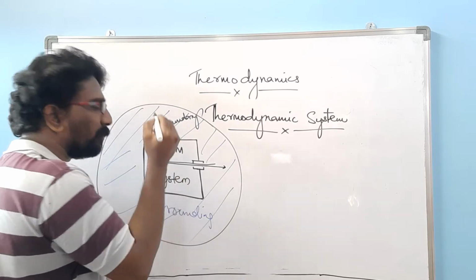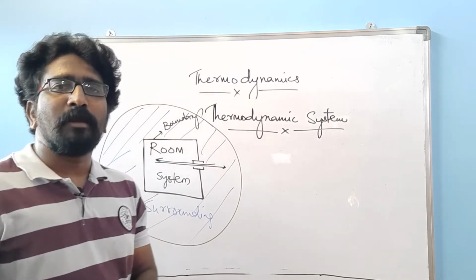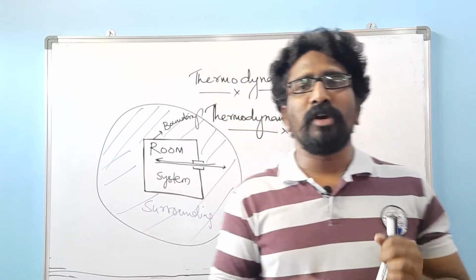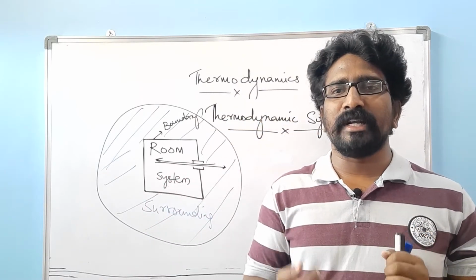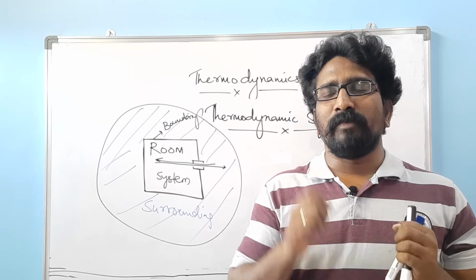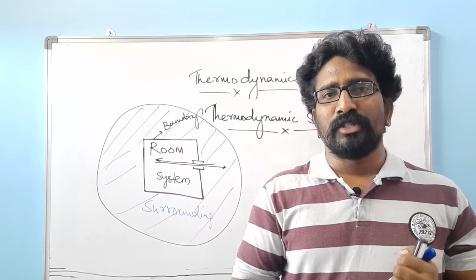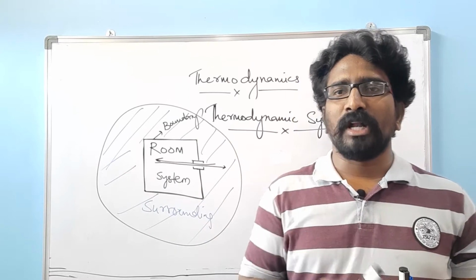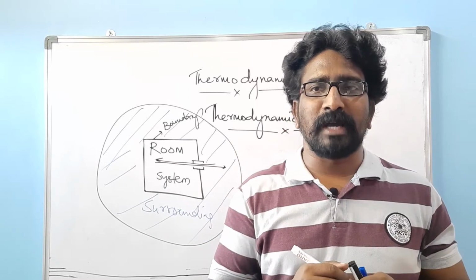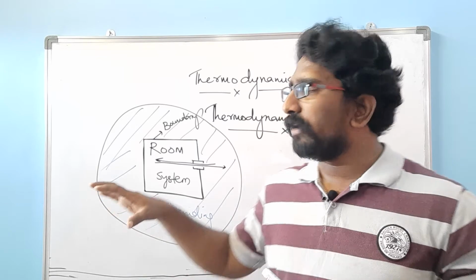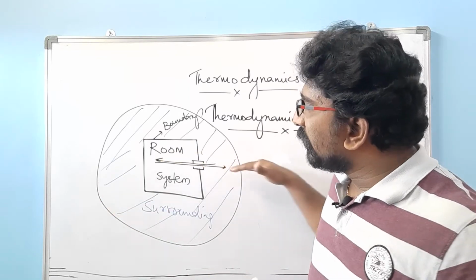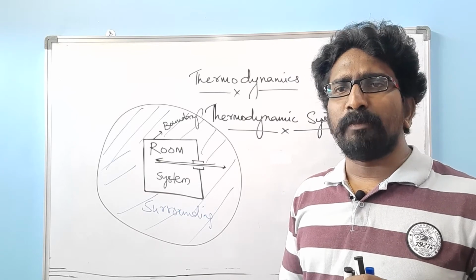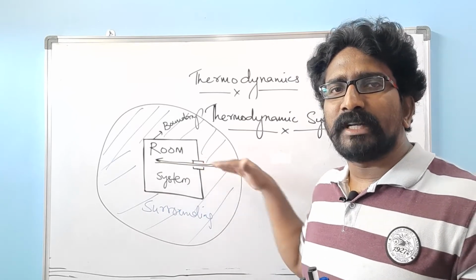So what is a thermodynamic system? It is a part of the universe where thermodynamic applications are studied directly with keen observations. This particular region we call a thermodynamic system. Now, what does the thermodynamic system have? I have given an example that air is flowing into your room. Air is a gaseous state of matter.